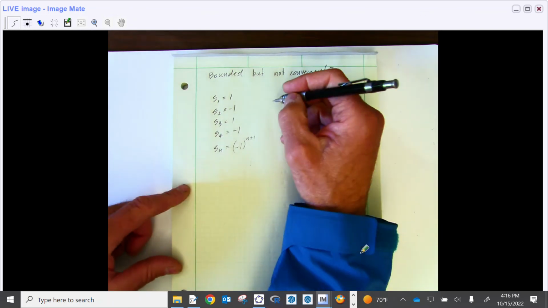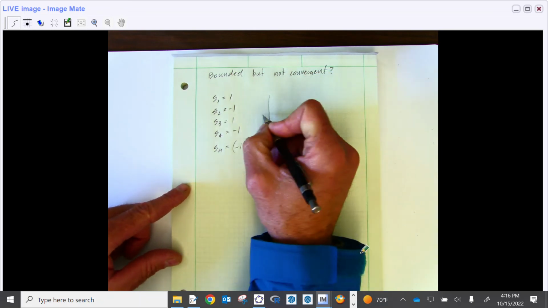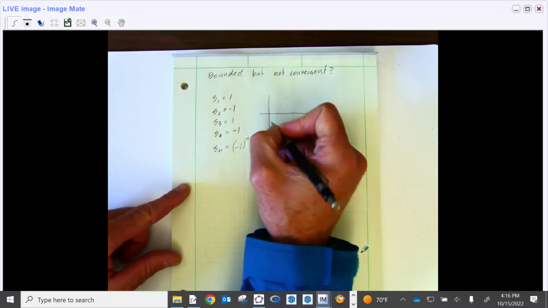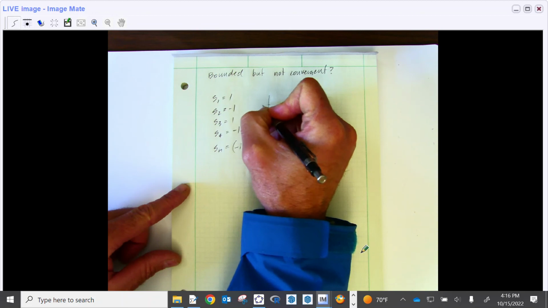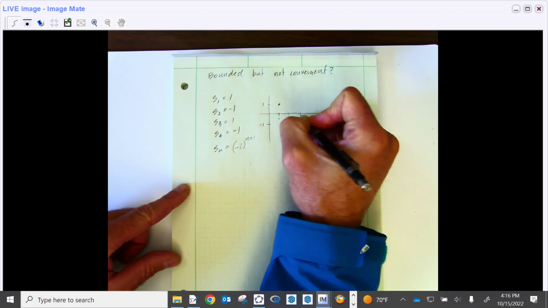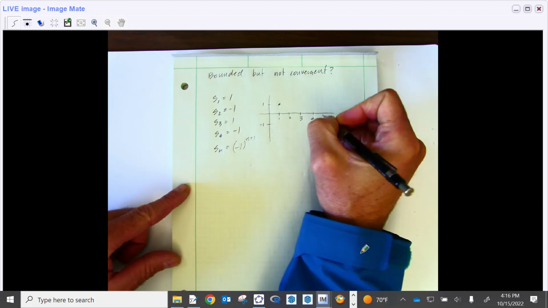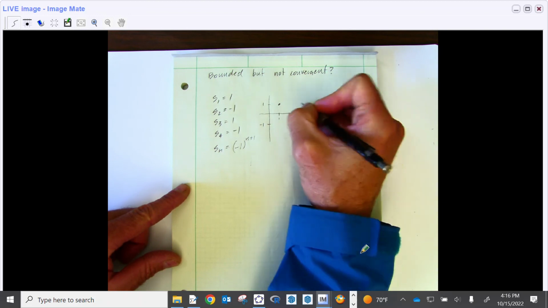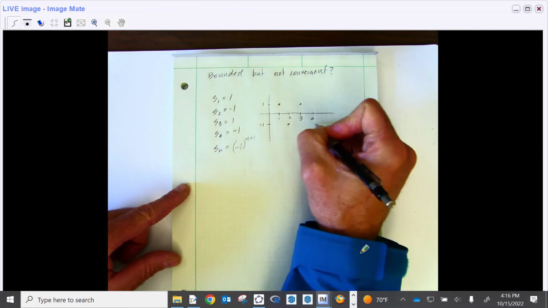If we think about it as a graph, we're basically bouncing between -1 and 1. For the first term I'm at 1, 2, 3, 4. Second term I'm at -1. Third term I'm at 1. Fourth term I'm at -1.